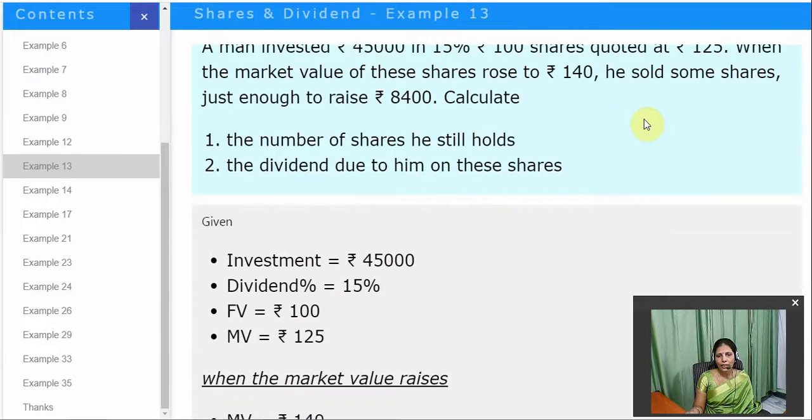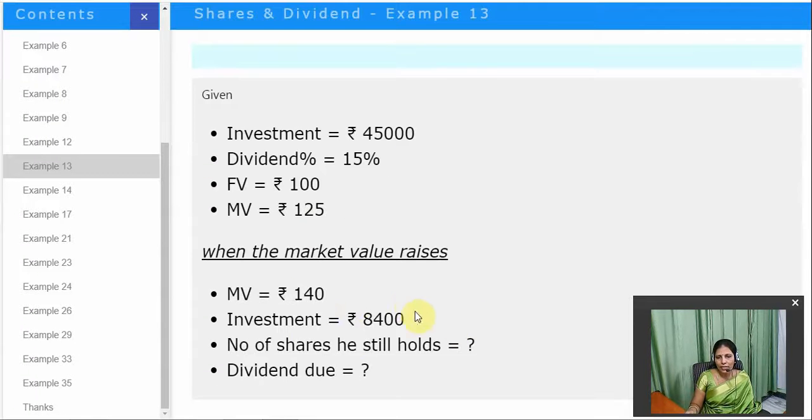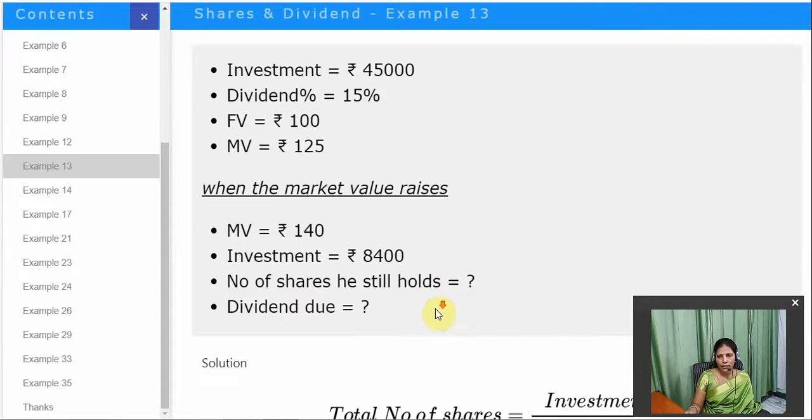Now when the market value of these shares rose to 140, automatically he is selling the shares. He invested this much and he is selling the shares. And now you need to find the number of shares he still holds in his hand, and then the dividend due. Now we will come to the solution part.